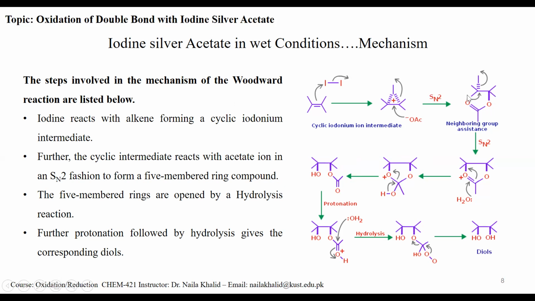So neighboring group participation takes place. And then bimolecular nucleophilic substitution, water will attack over here and this will attack over here. And then this electron density comes here and this comes here. And so you get this type of cis product, which upon hydrolysis gives you cis diol.